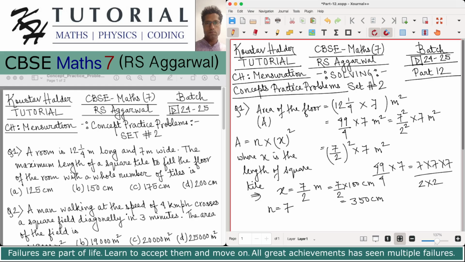Is it the side of a square tile to fill the room with a whole number of tiles? I don't know. I think my answer is coming out to be 350 centimeter. Maybe I'm not able to understand the problem properly.